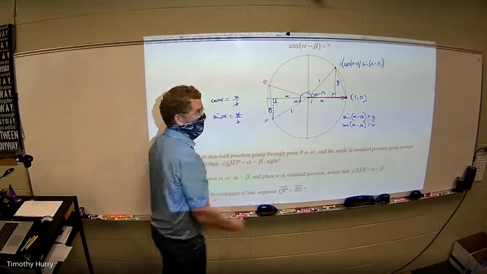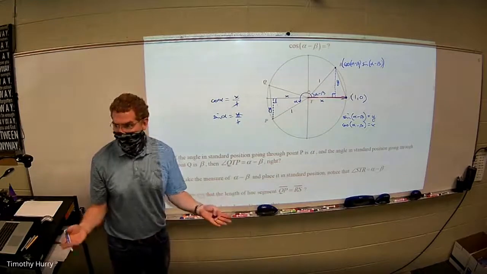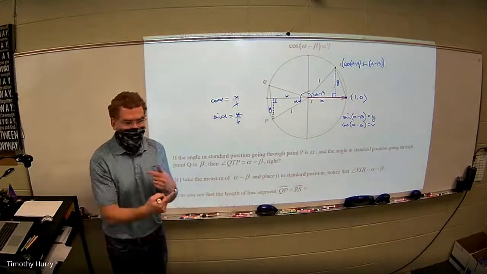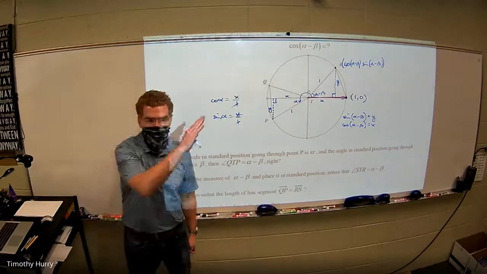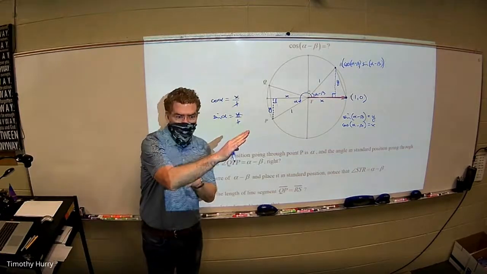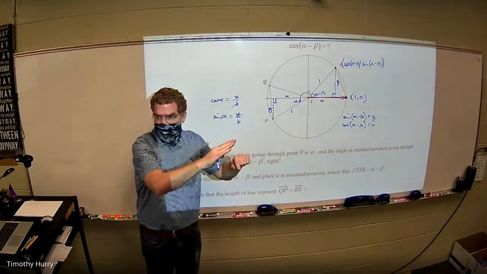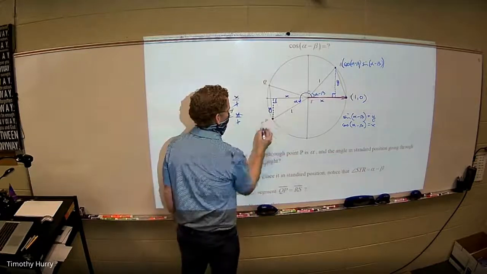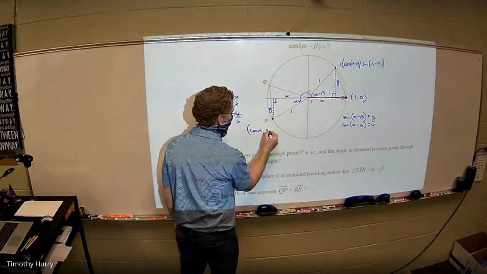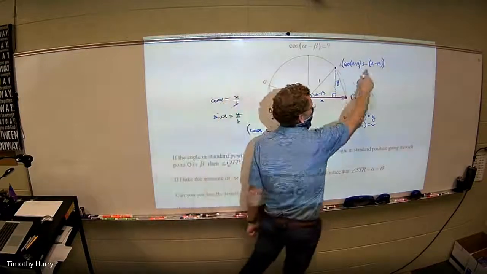So you don't really need that 1 there. And guys, isn't this what the unit circle did anyway? When you think about the angle, isn't the cosine of the angle always the x value? Think about 30 degrees. Isn't the cosine of the 30 that, and the sine of the 30 that? So if I have an angle like alpha, then this point right here should be cosine alpha, sine alpha. Just like this one was cosine alpha minus beta, sine alpha minus beta.